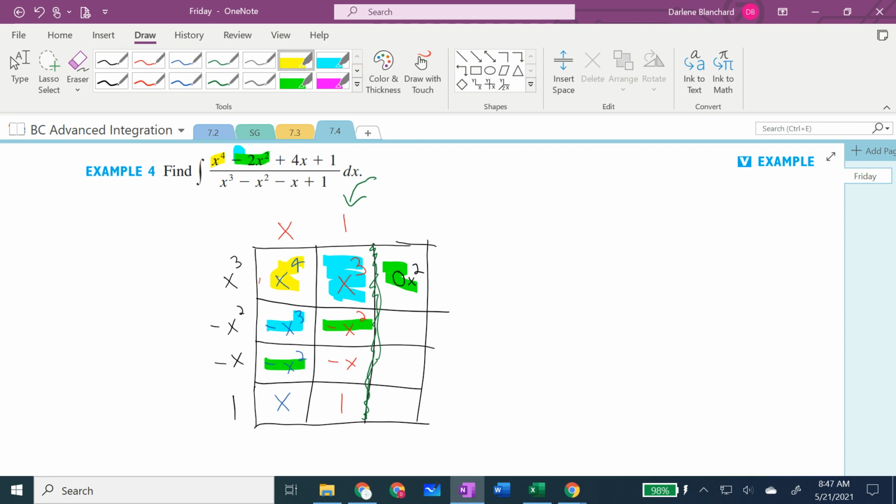Then I'm going to look at my next degree down, and that is 4x. I need these three to add up to give me a positive 4x. Right now it's adding to make 0, so 4x is part of the remainder.